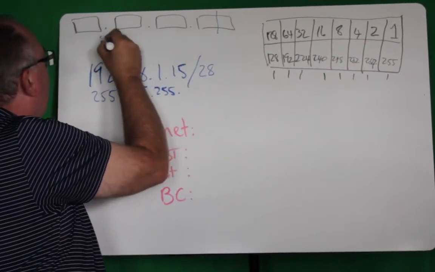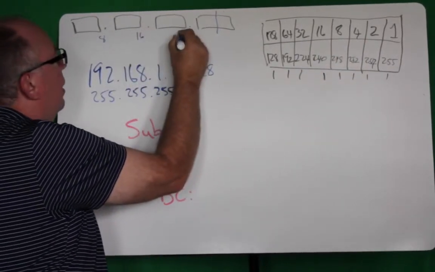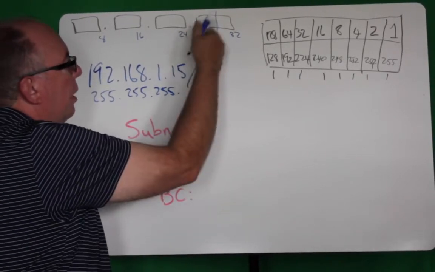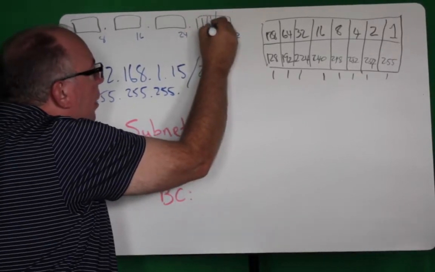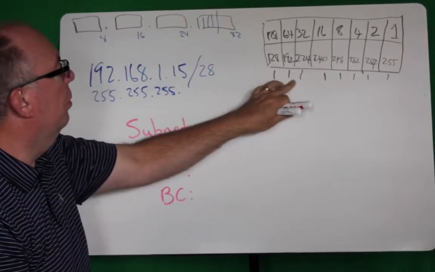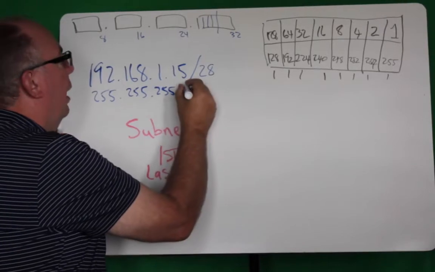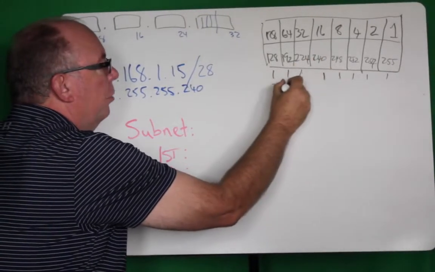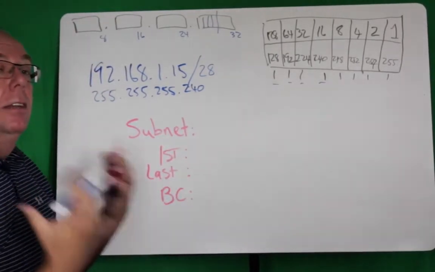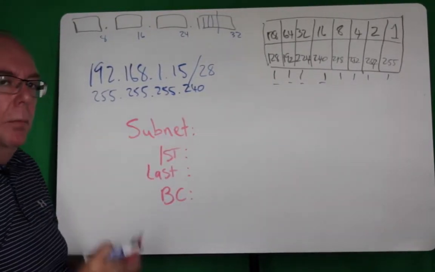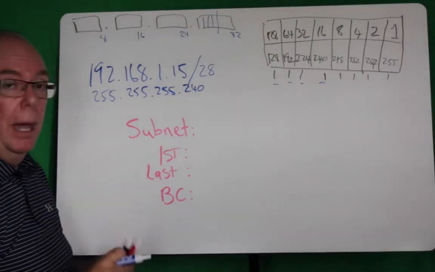We've got 8, 16, 24, and 32 bits. So to go 28 bits, we've actually gone 4 bits in, which if you look here on the tool, 1, 2, 3, 4, would be a 240. And it's answered right there because we've done 1, 2, 3, 4 bits in. The tool helps to unlock that. So that is our mask, or subnet mask.